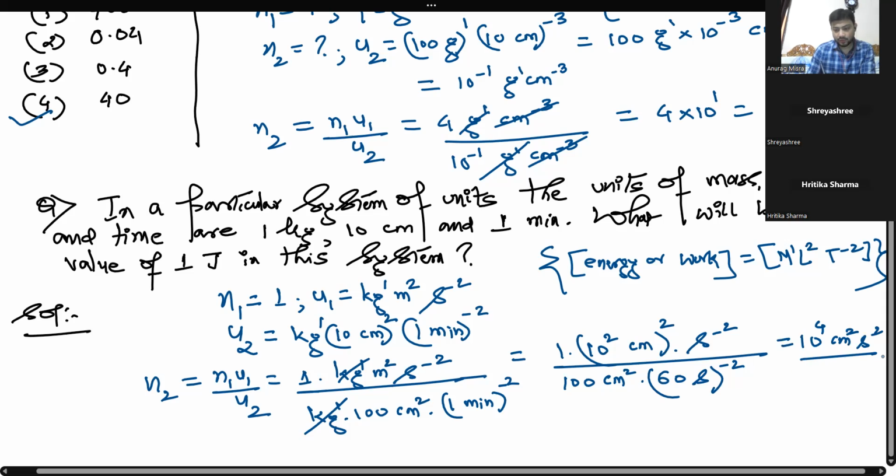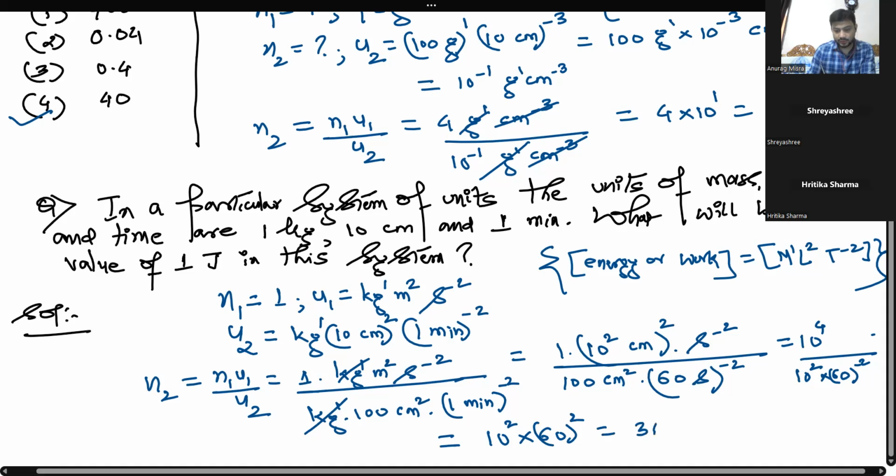Here we have 10 to the power 2, and 60 to the power minus 2 will come out. If you do that, we can directly cancel out centimeter square per second square. So 10 to the power 4 by 10 to the power 2 will be 10 to the power 2. And 60 to the power minus 2 going down becomes 60 to the power plus 2.